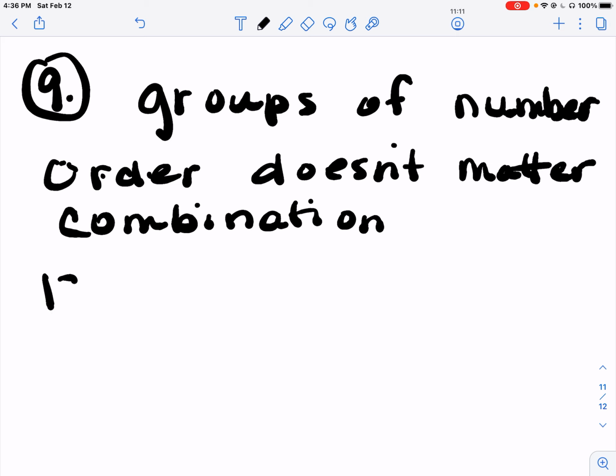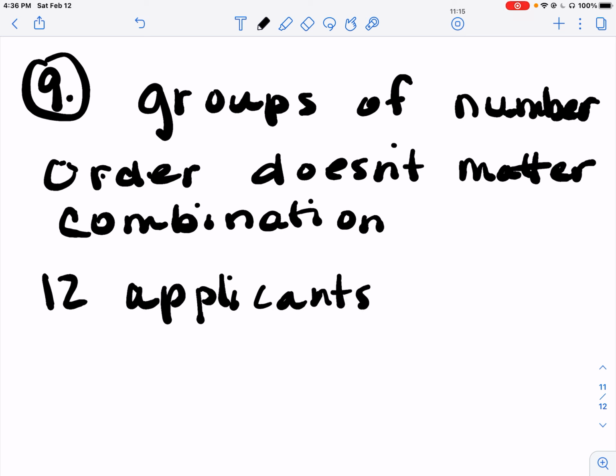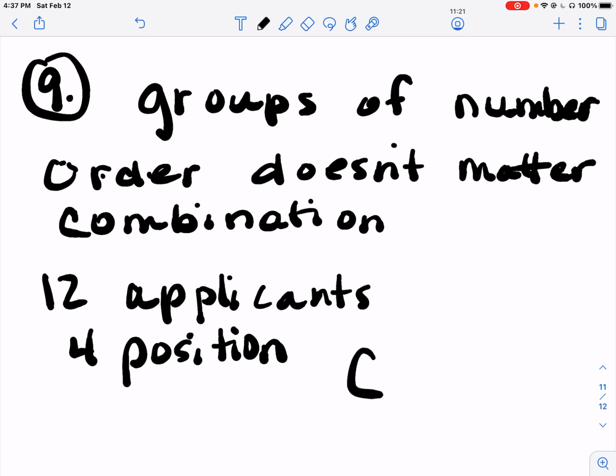Okay, let's say there's 12 applicants and there's 4 positions. They're going to do a combination of 12 choose 4. And you use the combination formula that we used earlier. And that's the end.